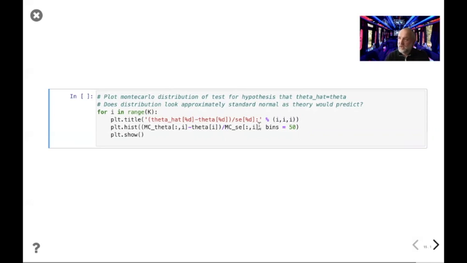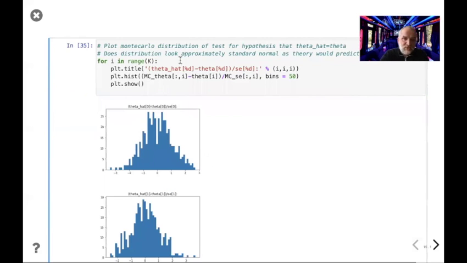In finite samples it's going to be t distributed or something, but forget about that. We rely on asymptotic results, let n go to infinity, then this is going to be standard normally distributed. So the question is, does it actually look like it's standard normally distributed? Are our t-statistics valid for testing that? And it certainly appears so.